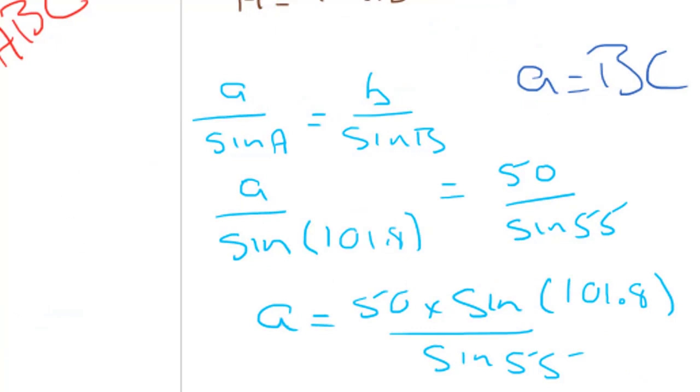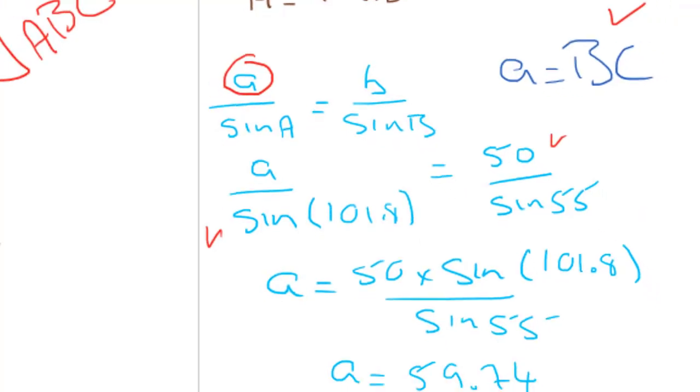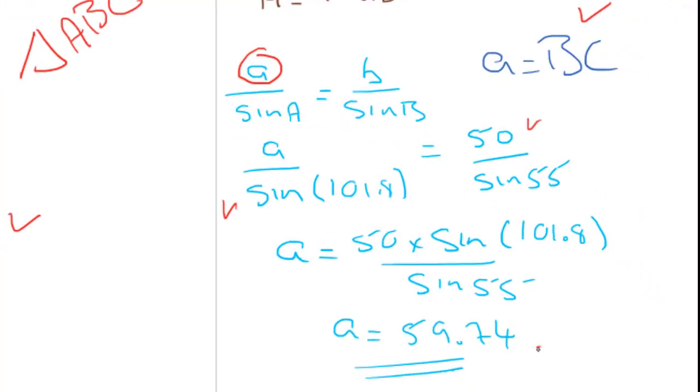Now I can use the sine law written this way to calculate side A, and side A is the same as BC. Plugging in what I know, angle A is 101.8 over side B, which is 50, and sine of B is sine 55. Rearranging this equation and solving, I can calculate side A is 59.74 centimeters, which means side BC is 59.7 centimeters.